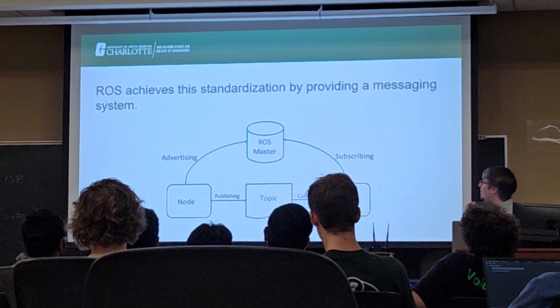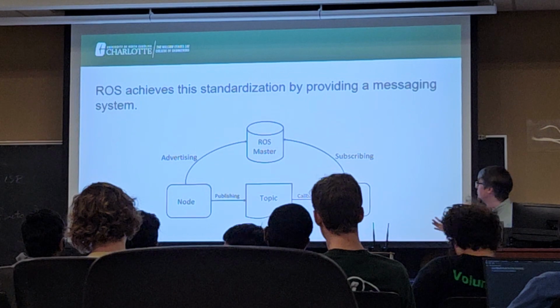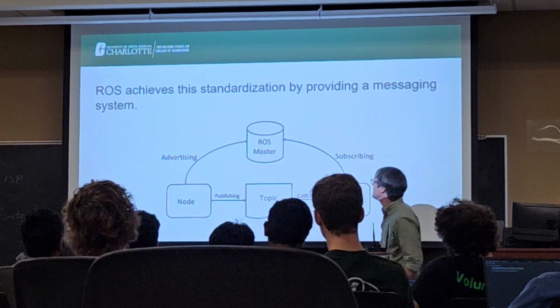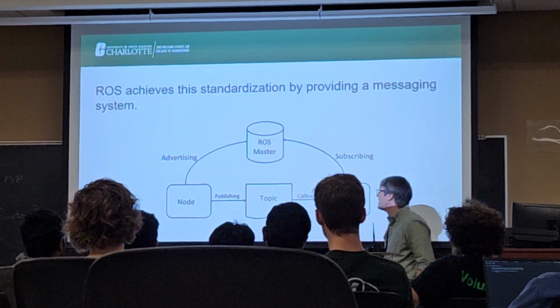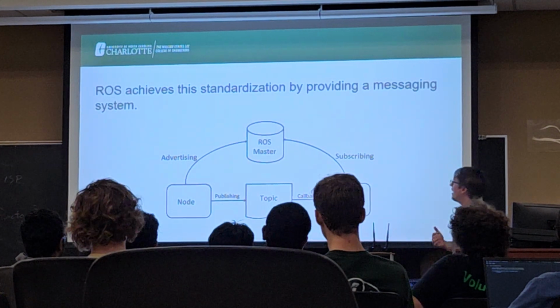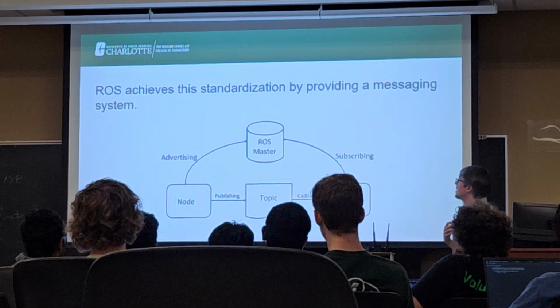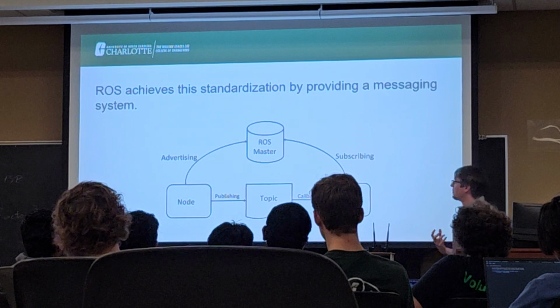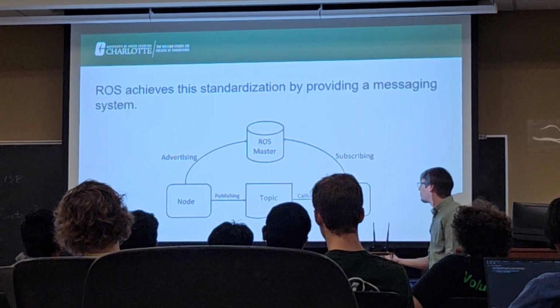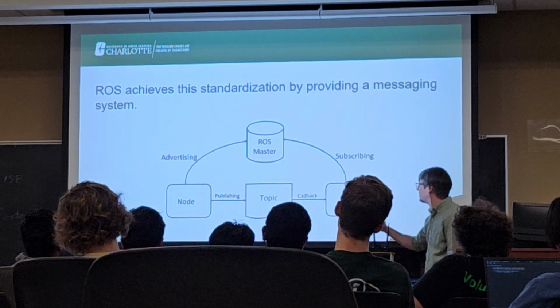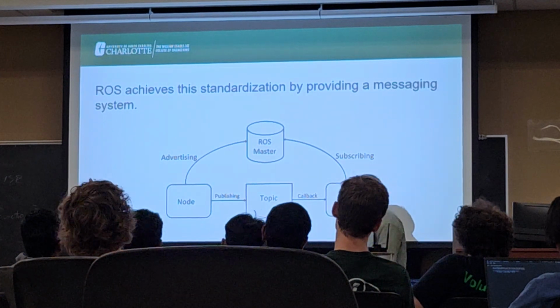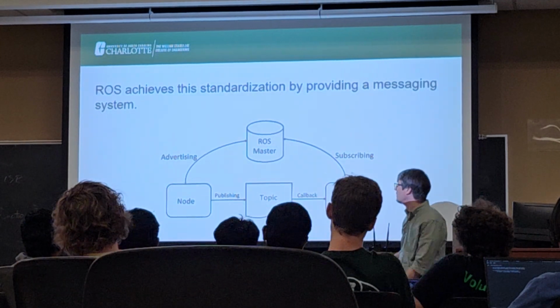ROS 1 has this structure where you have something called the ROS master. The ROS master manages connections between different programs, and those programs are called nodes. We have this node here, this node here. These are two different programs.